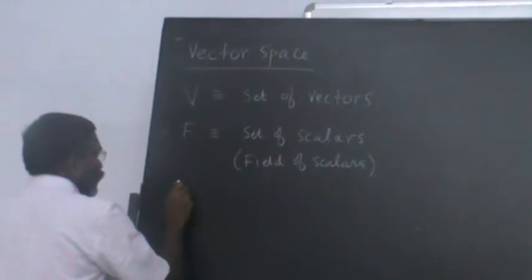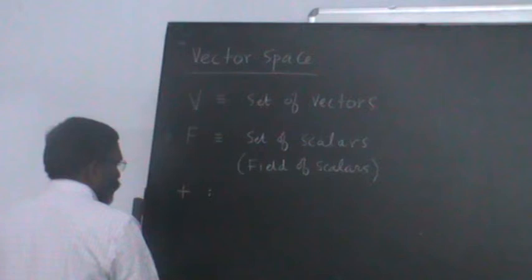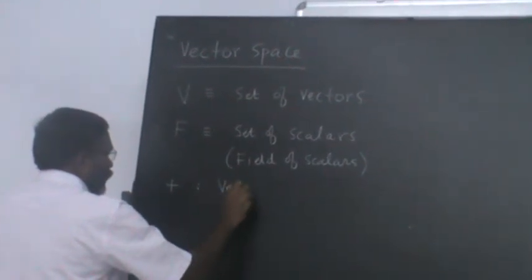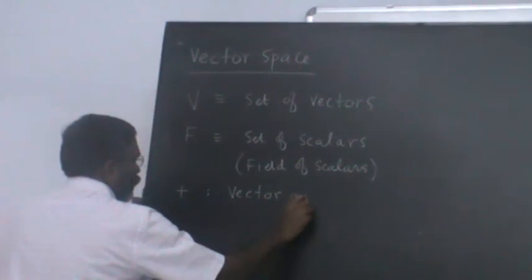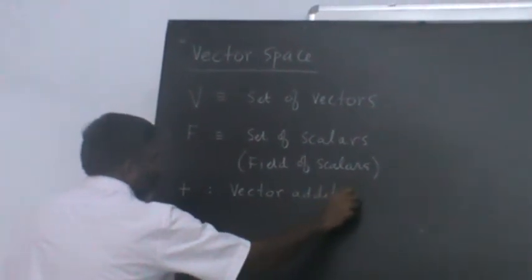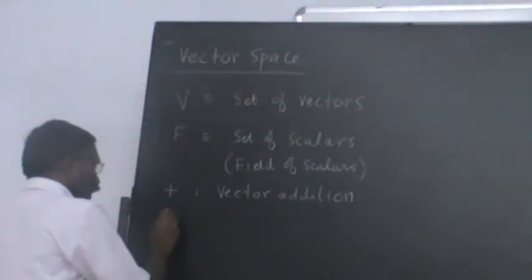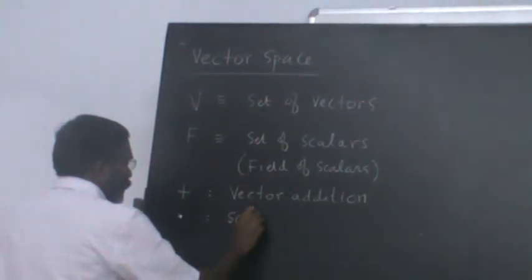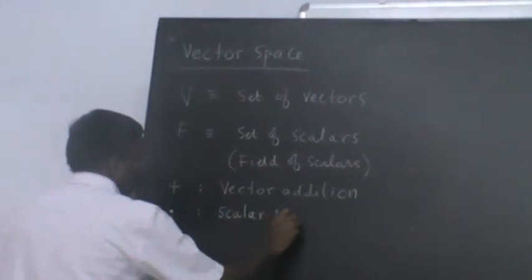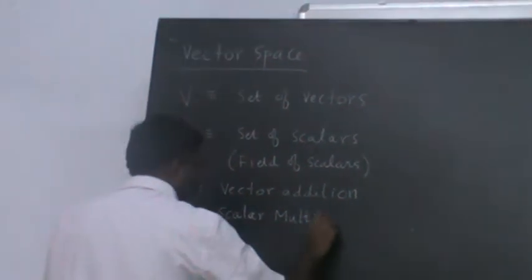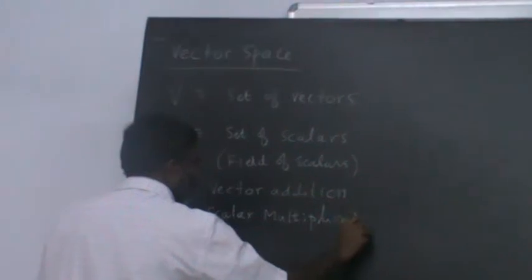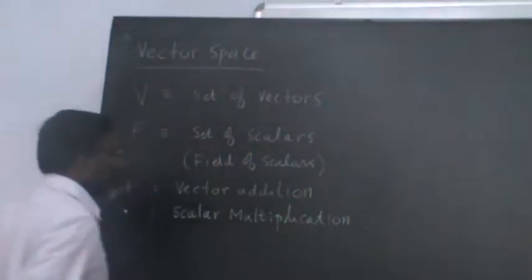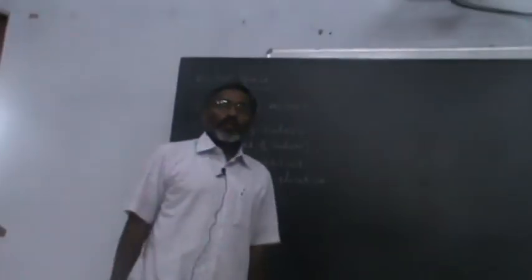And then you require two binary operations. One, I call this plus. This is vector addition. The other, at this moment I will call it a dot, which is called scalar multiplication. So we require a set of vectors, a set of scalars, a vector addition, and a scalar multiplication.